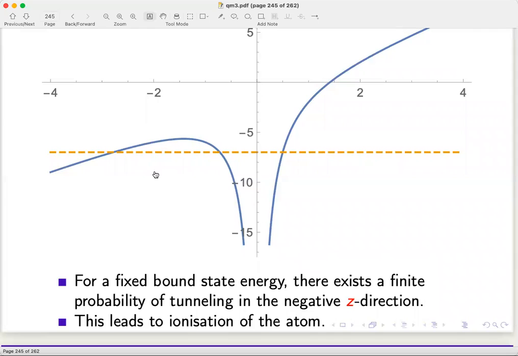Nevertheless, at some sufficiently large negative value of z, even that state would be unstable. So choose any fixed bound state energy, there always exists a finite probability of tunneling in the negative z direction. And this is what we would call ionization of the atom.